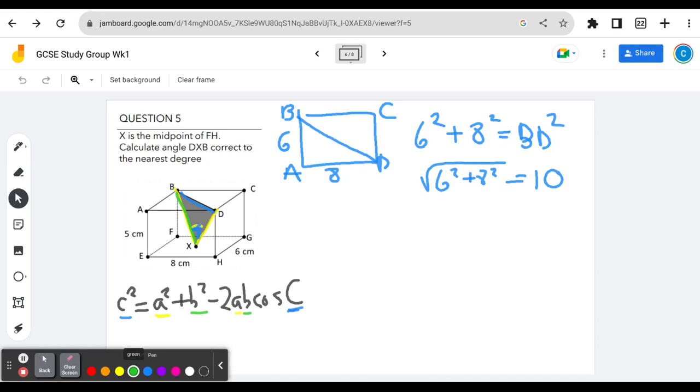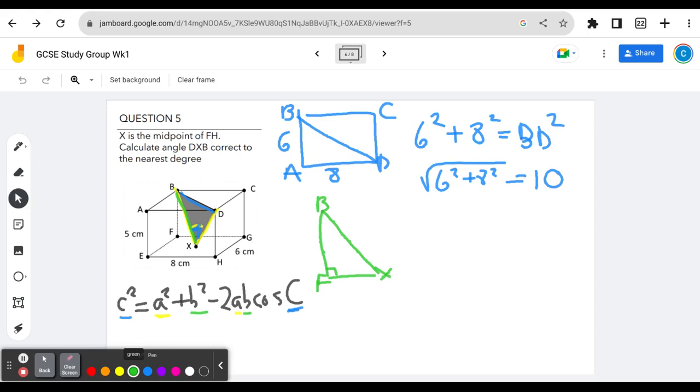Okay, so if I pull out that green one, it's actually the hypotenuse of this diagonal here. So with F in the corner, we have X there as the middle, and then we have B up there. So we're looking at the green line there, BX, is the hypotenuse.